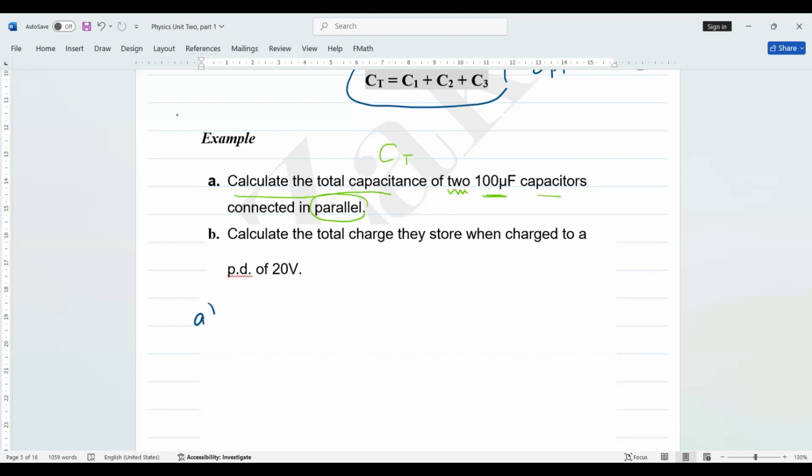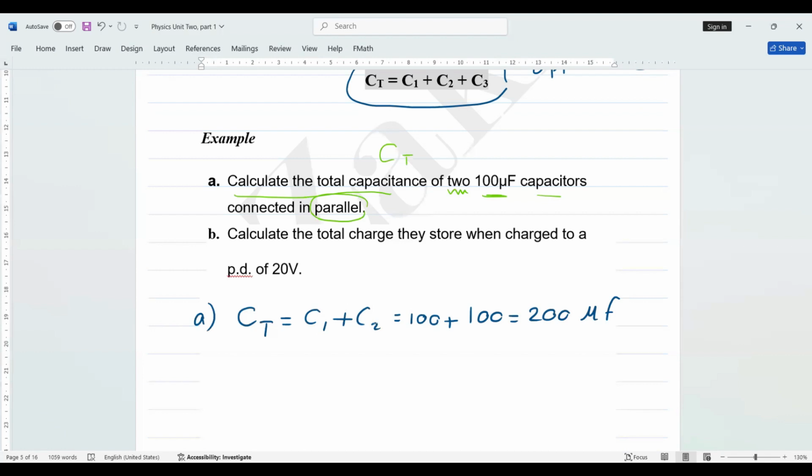Then we write, because it is in parallel, C total equals C1 plus C2. There are two capacitors, 100 plus 100 equals 200 microfarad. This is the total capacitance of the two capacitors in microfarad.